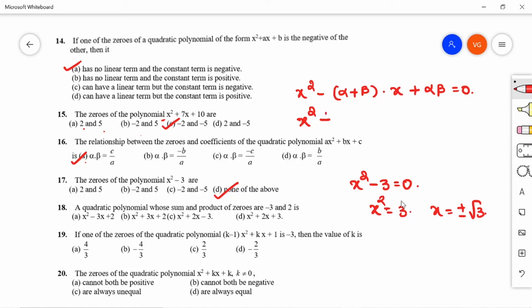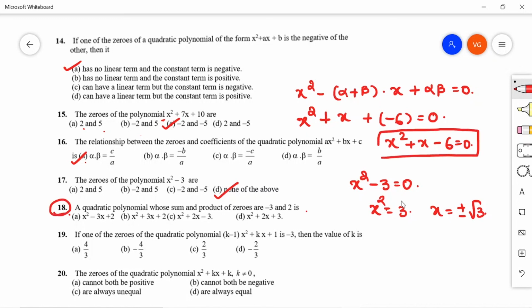So minus of minus 1 gives plus x, plus the product of the zeros, minus 3 times 2, minus 6, equal to 0. So it has to be x squared plus x minus 6 equal to 0. So check the answers. None of them is matching. Maybe there are mistakes in some options. So this is the correct answer for question number 18.